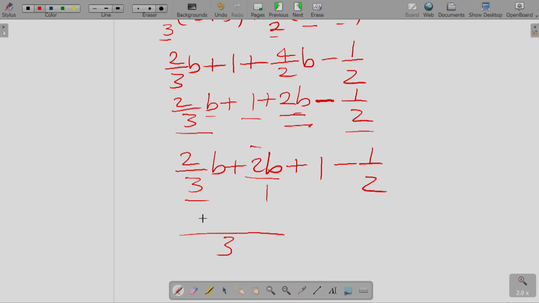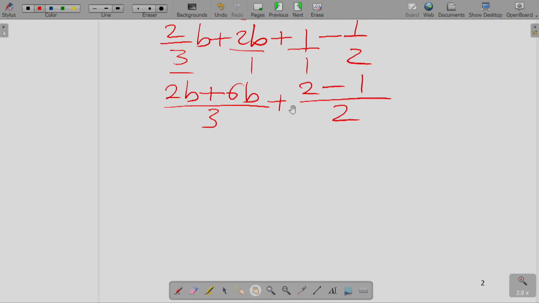So 3 divided by 3 equals 1, 1 times 2, so we'll get 2b, plus 3 divided by 1, we'll get 3, 3 times 2b, we'll get 6b. Plus, let's find the LCM between 2 and 1. It's 2. So 2 divided by 1 is 2, times 1 is 2, minus 2 divided by 2 is 1, times 1 equals 1.